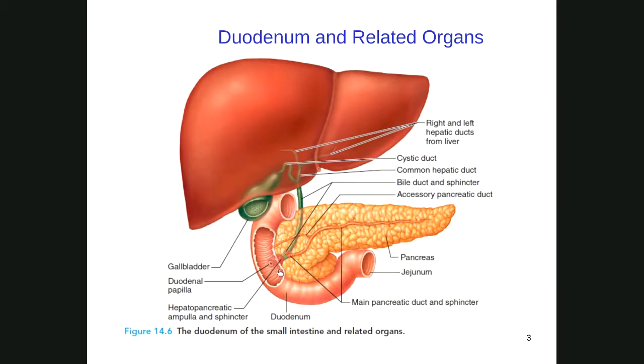So fat digestion is from secretions from the small intestine, the liver and the pancreas. In addition, protein digestion and carbohydrate digestion also continue in the small intestine. So all the secretions from the intestine, the pancreas, the liver and the gallbladder play a role in digestion in the duodenum.